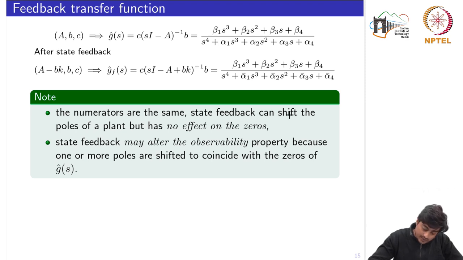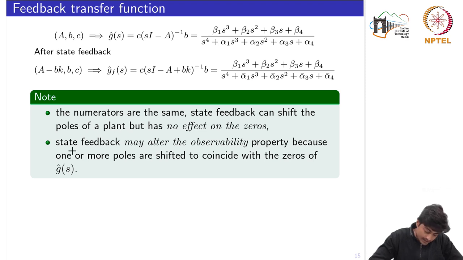So the state feedback can shift the poles of a plant but has no effect on the zeros. We cannot shift the zeros of the plant, but we have full control over shifting the eigenvalues, the poles of the plant, given that the system is controllable.